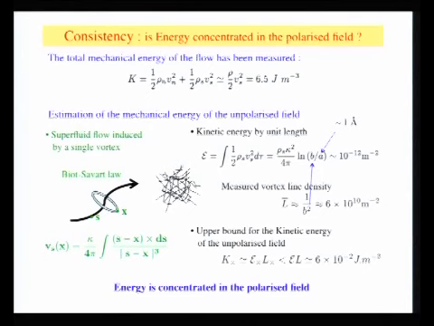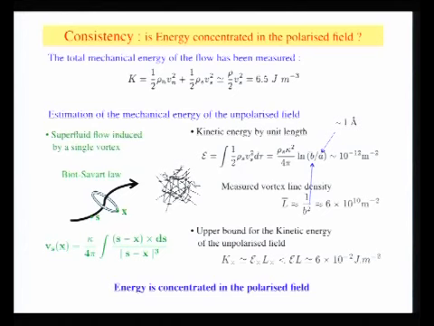For the core size, we take 1 angstrom, and for the distance over which we integrate, we go to the next vortex. So b is taken as the intervortex spacing, which can be estimated from the measured vortex line density in the fluid.